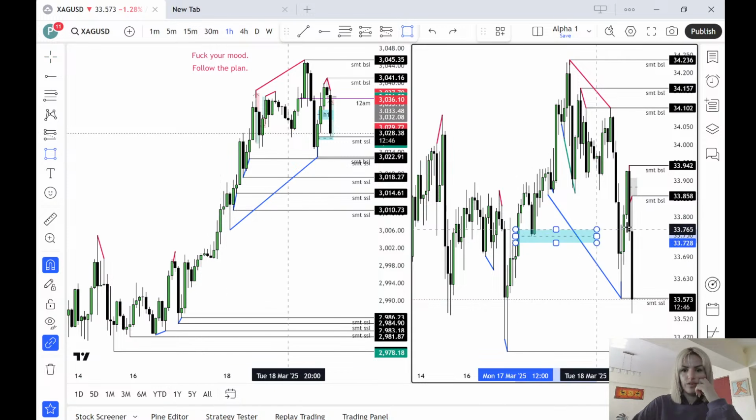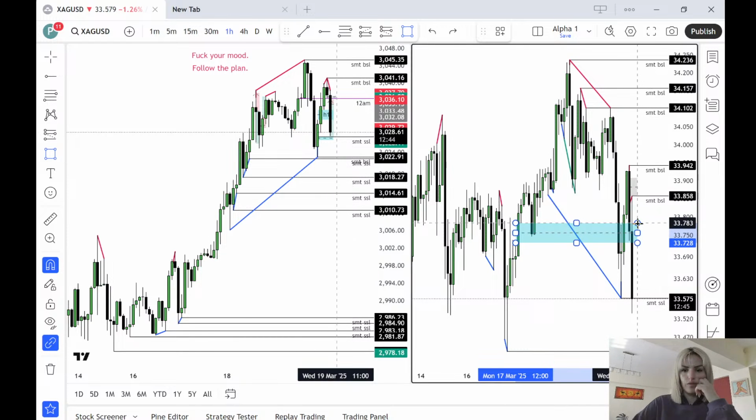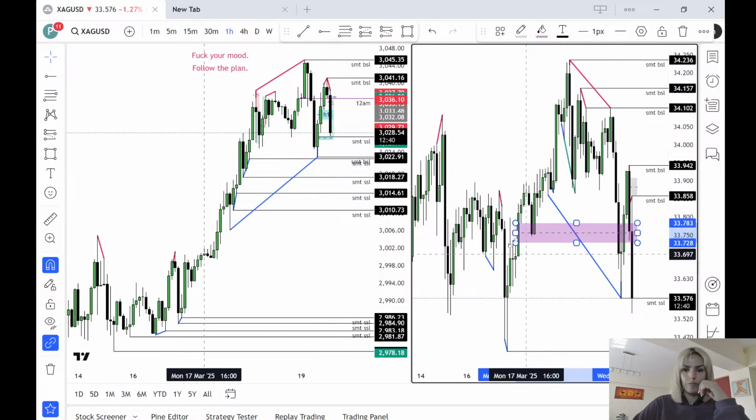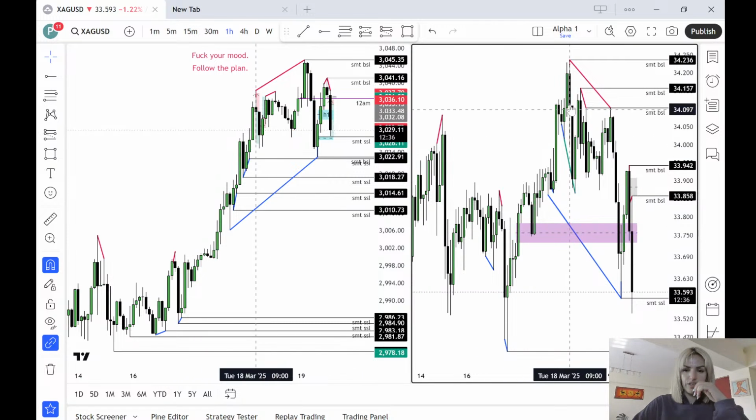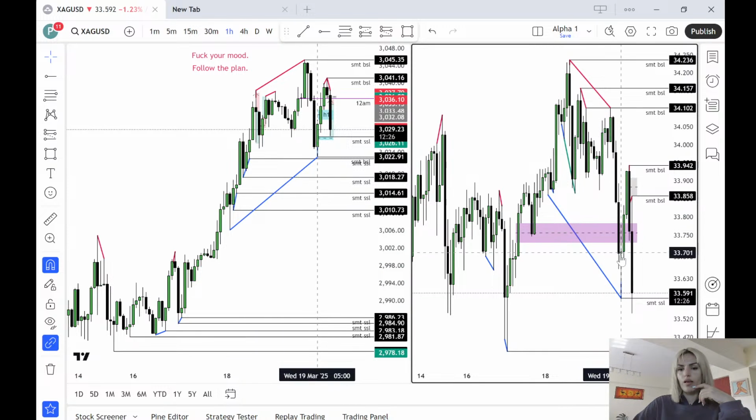It's really interesting how price action played this area here. That BISI, that price rejected off of, and then it went higher, creating the top of the SMT on silver. And look at how it played.